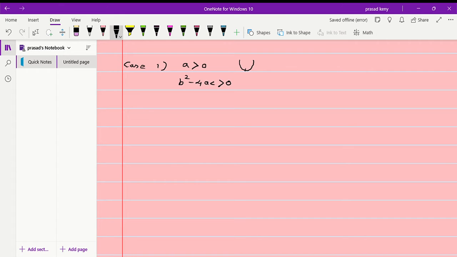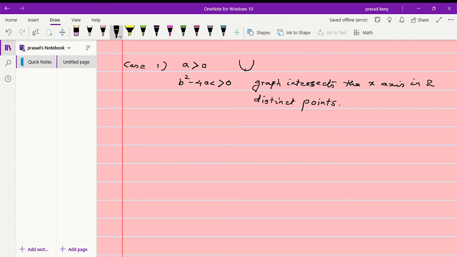That means the graph intersects the x-axis in two distinct points, because the x-intercepts are nothing but the roots of the quadratic equation.